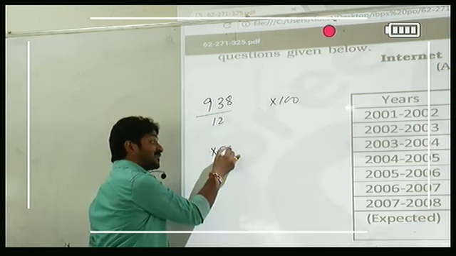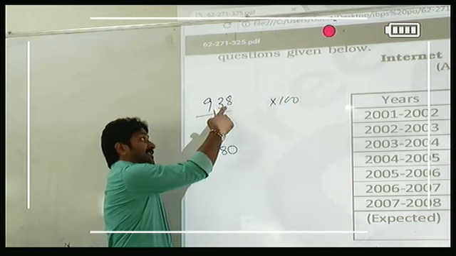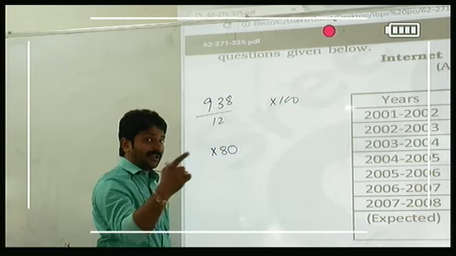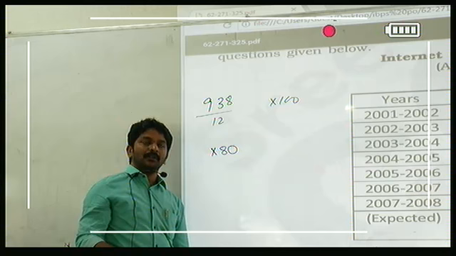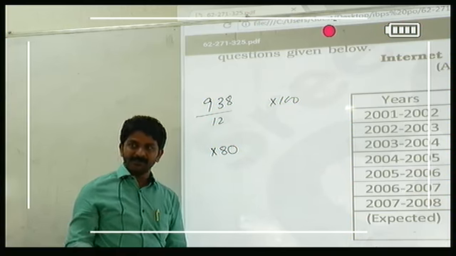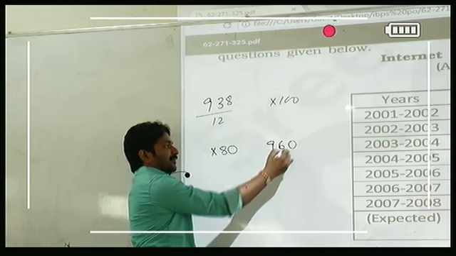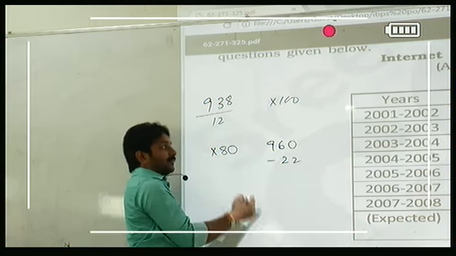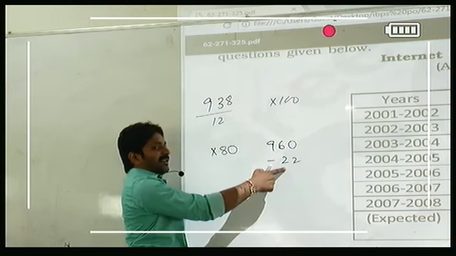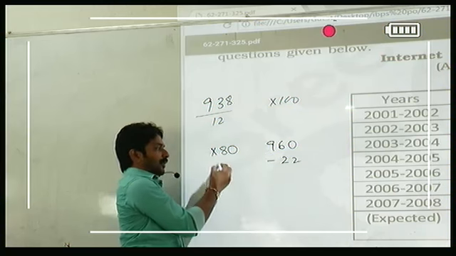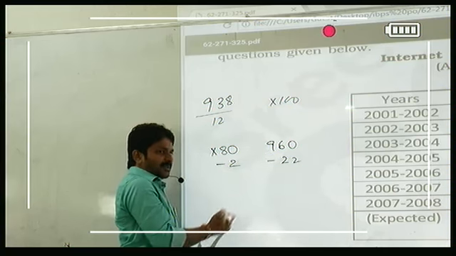12 80 times is 960. But this is 32, 22 less than that. 80 times is 960. You need to subtract 22. Approximately how many 12s are there? 2. In the sense you need to subtract 2 times. Approximate.